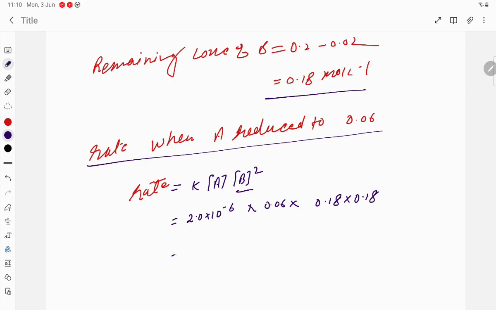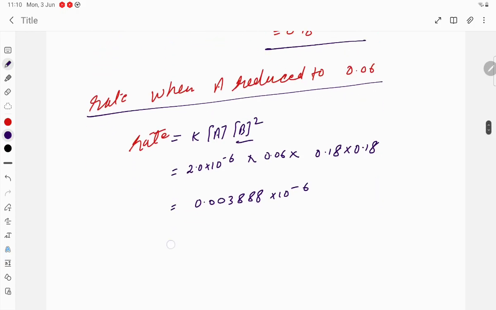Now you see, if you multiply, it is coming 0.00388 × 10^-6. If you write it in the accurate form of the scientific figure, 3.888 × 10^-9 mole per liter per second.